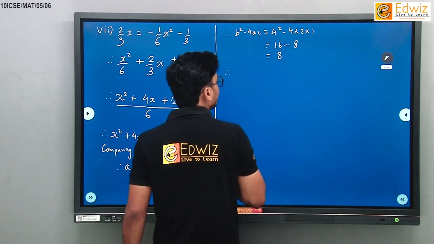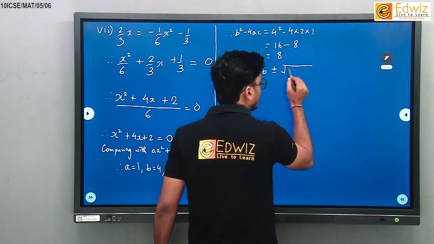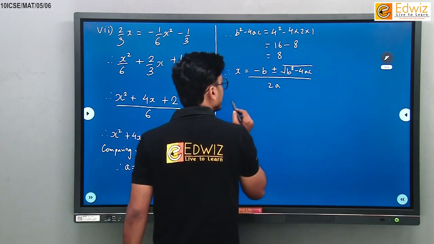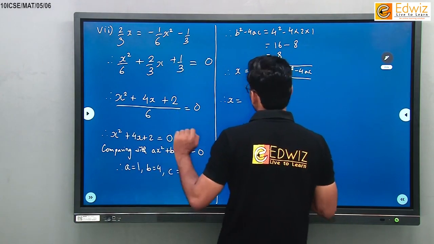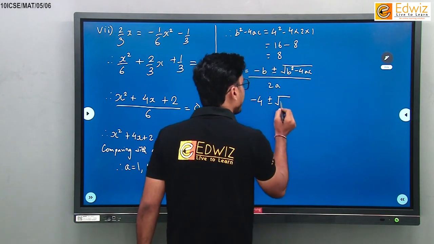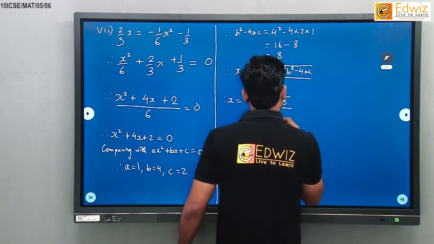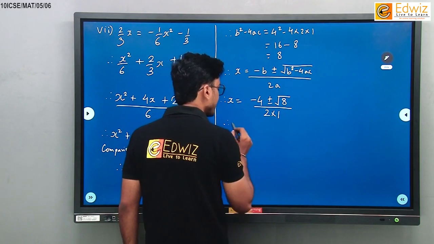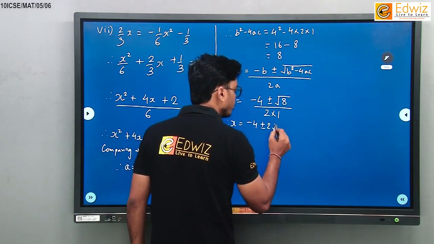So what is the solution for x? We know the formula minus b plus or minus square root of b square minus 4ac upon 2a. Correct? Substitute it. Minus b is minus 4 plus or minus square root of 8 divided by 2 times a, that is 1. So 2 into 1. Here you can see root 8 can be written as 2 root 2.